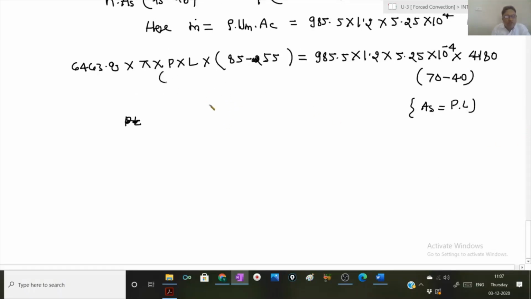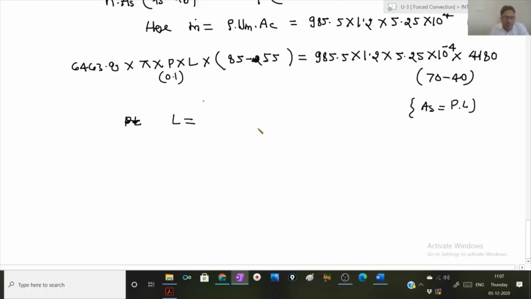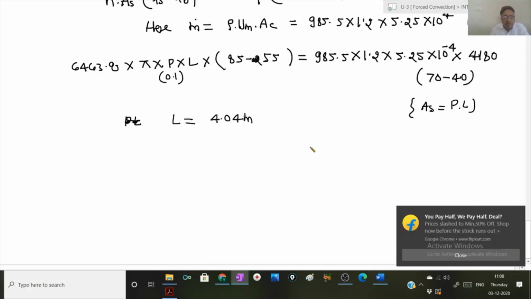So putting the value of P as 0.1 and solving this, the length I will get as 4.04 meter. And this will be the final answer.